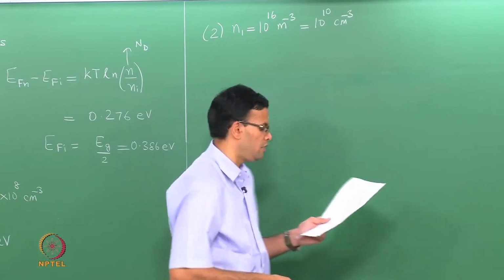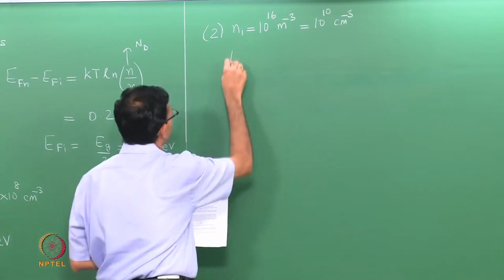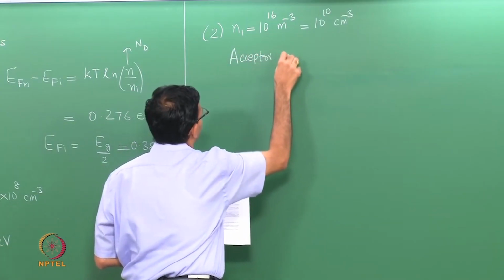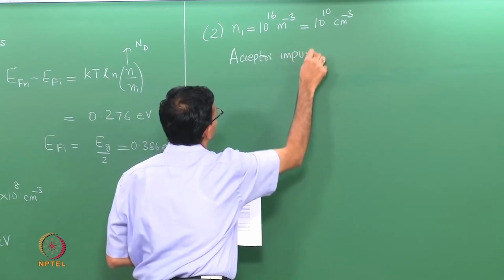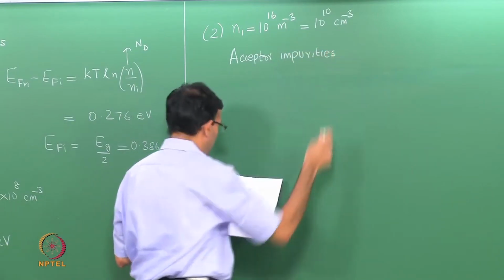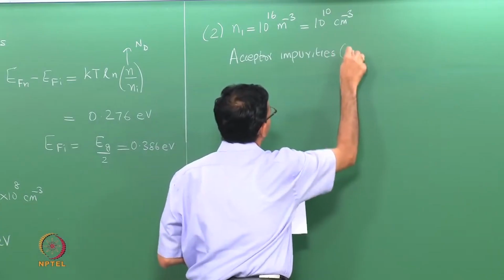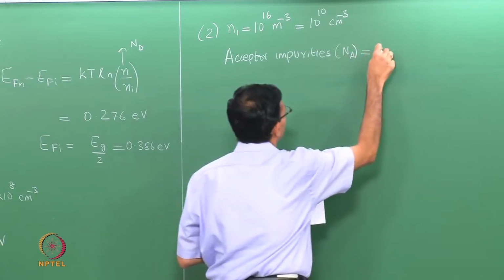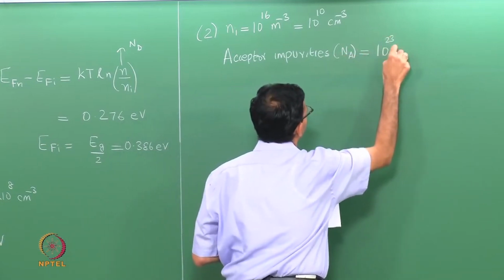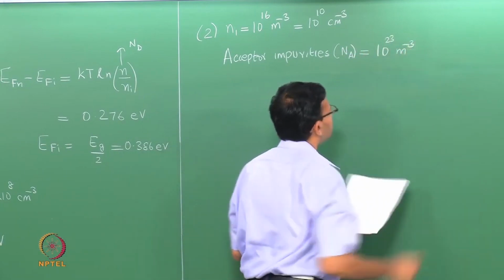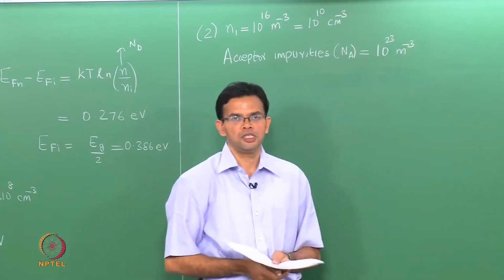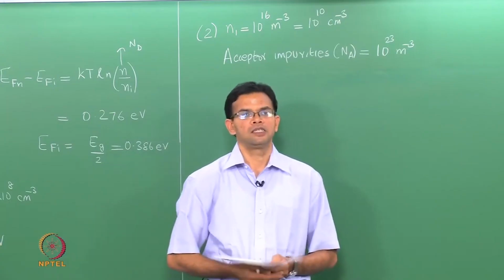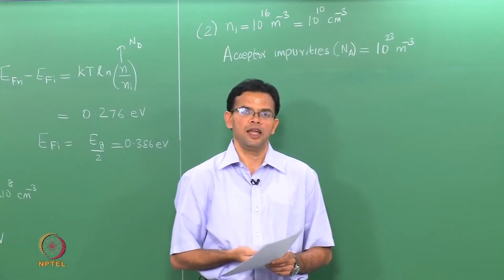The concentration of acceptor impurities is also given. So, acceptor impurities, the value of Na, is 10 to the 23 per meter cube. Donor impurities basically produce electrons. If you go back to the class, donors are typically group 5 elements.